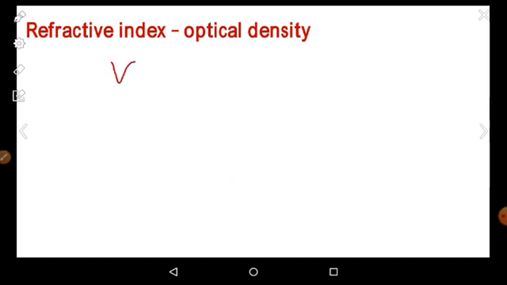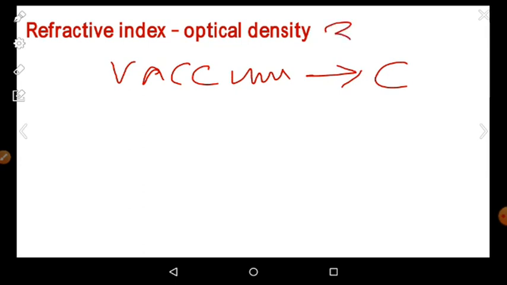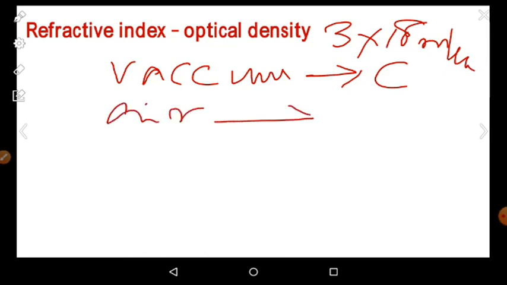In vacuum, the velocity of light is denoted by c, and the value of c is 3 multiplied by 10 to the power of 8 meters per second. Even in air, the velocity of light is almost equal to c. It means the speed of light is almost equal in air and vacuum.